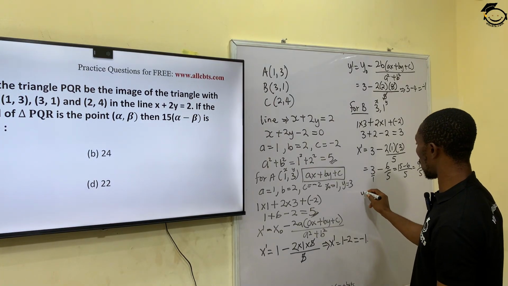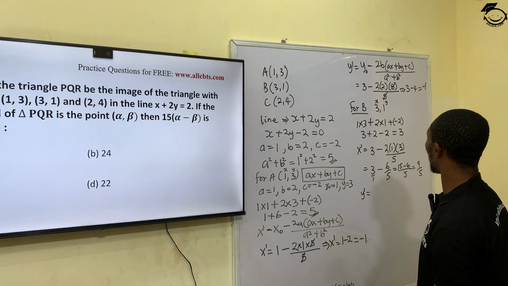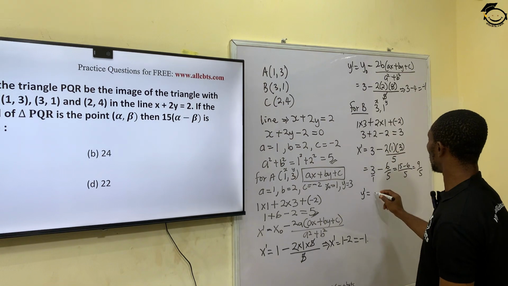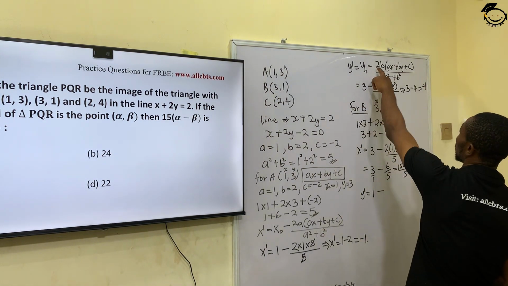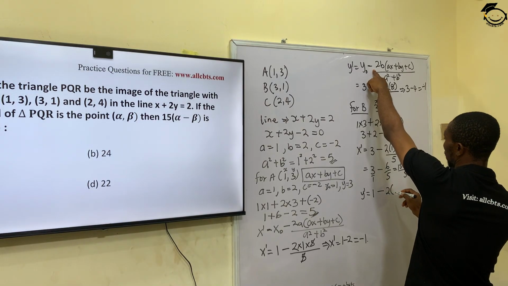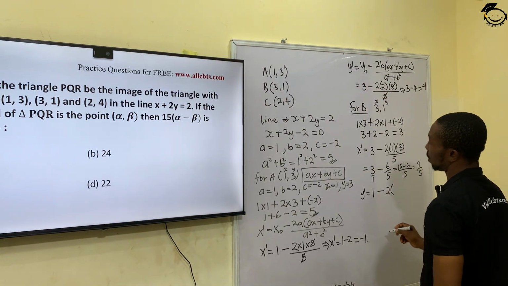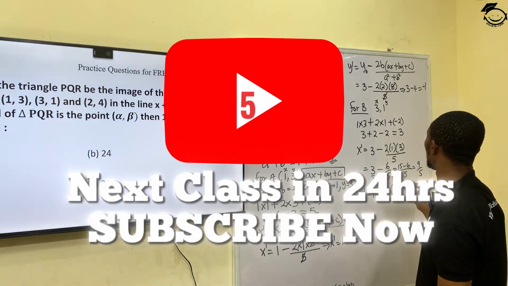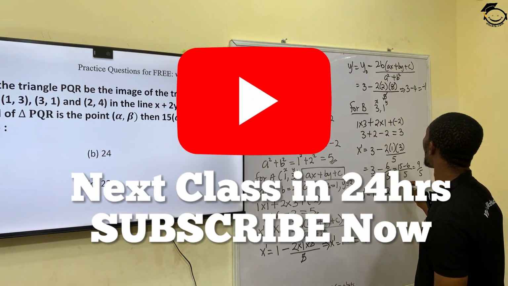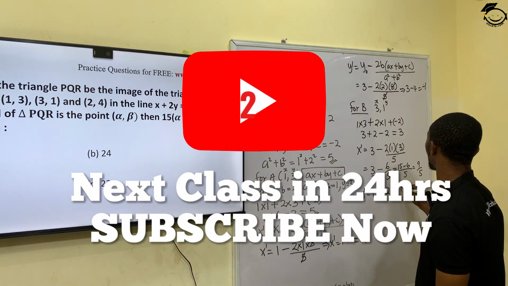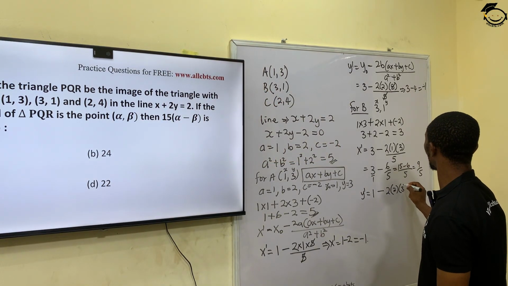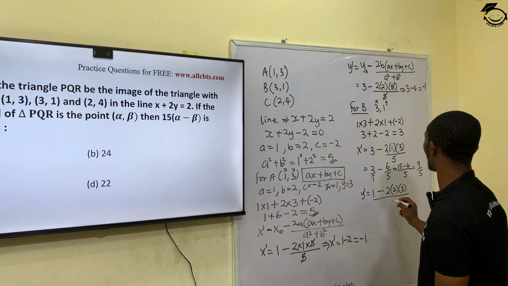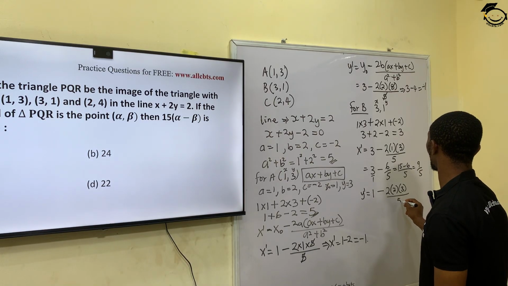All right, so for our y bar, we have it as 1 minus, using this formula, 2 brackets b is 2, times 3 all over 5.